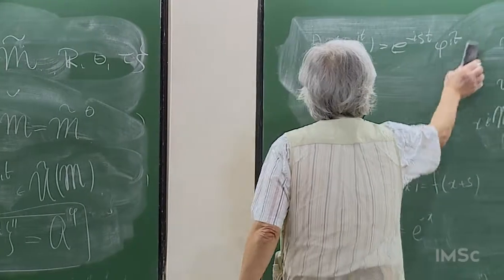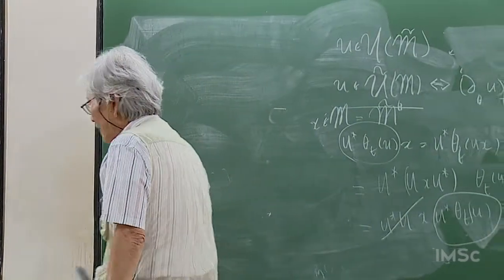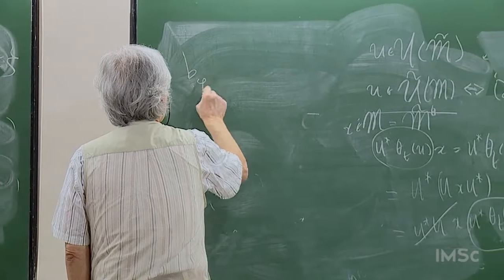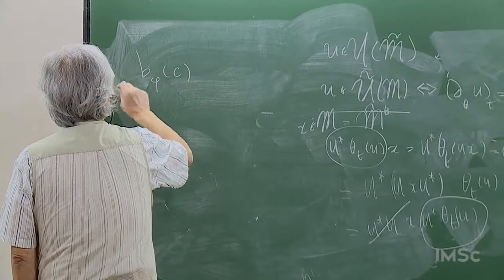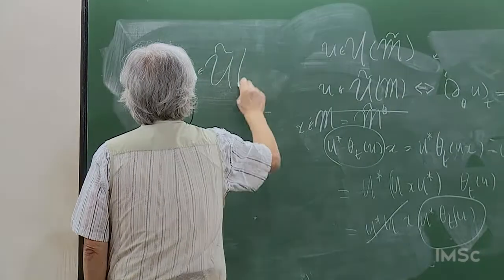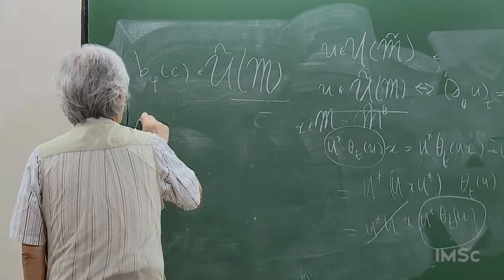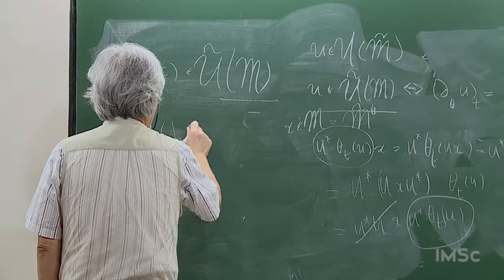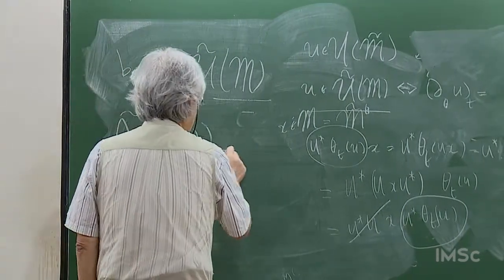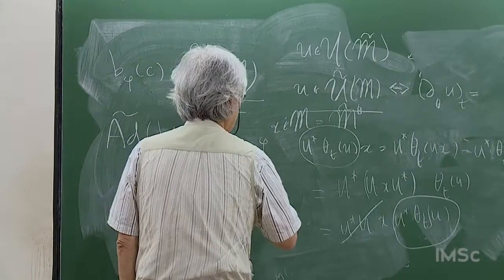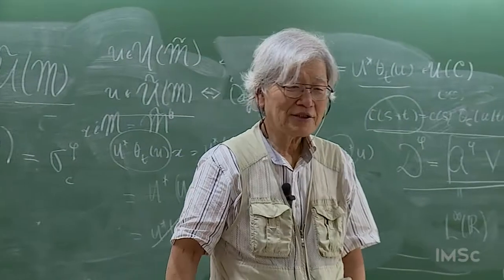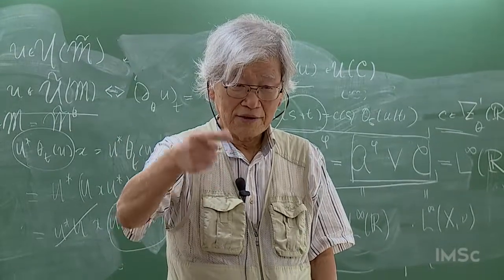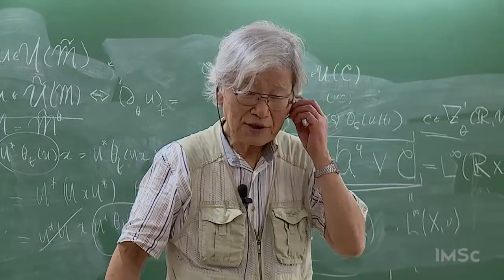So you have altogether B phi C is in the normalizer of M. Ad tilde of B phi of C. We write this as sigma phi C, called the extended modular automorphism of phi.